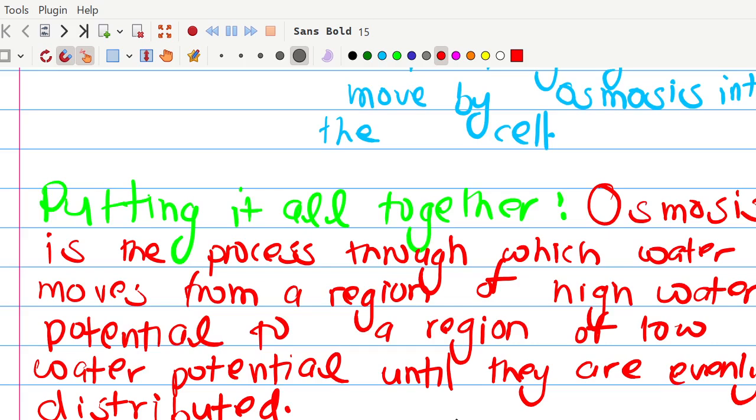There has to be a selectively permeable membrane involved. Osmosis is the process through which water molecules move from a region of high water potential to a region of low water potential through a selectively permeable membrane.